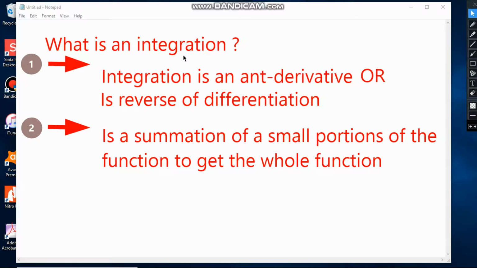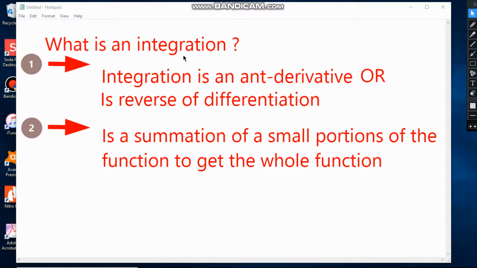All these definitions are applicable, but the first definition is most applicable in mathematics, and the second is applicable in mathematics and other areas of science, like during derivation of physics formulas. Okay.